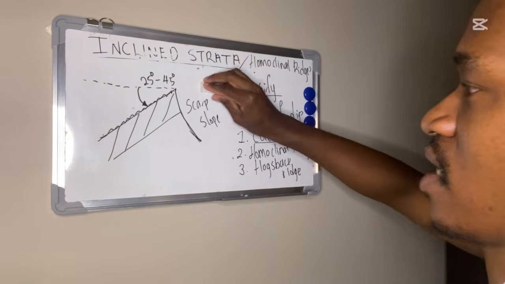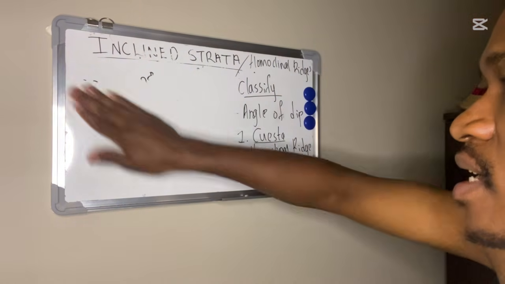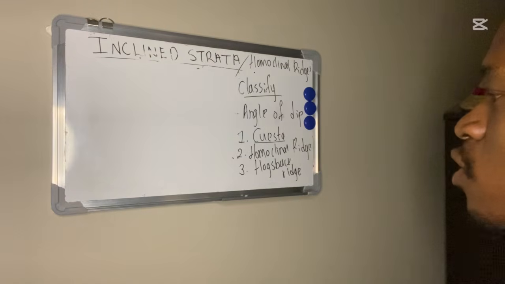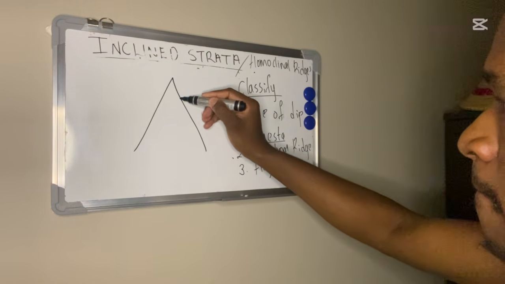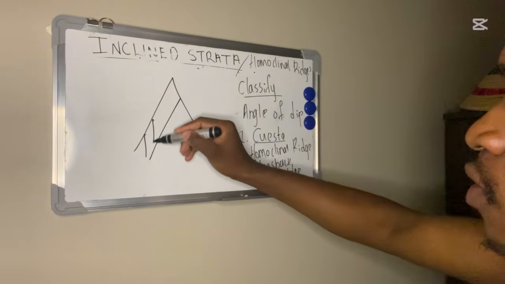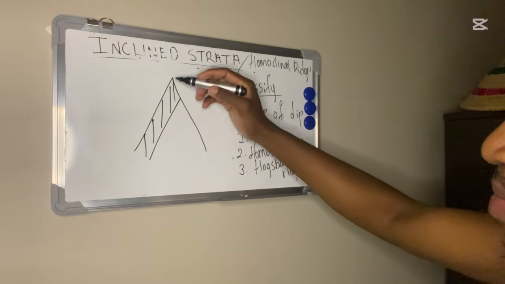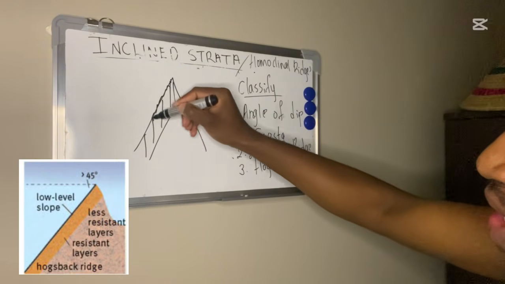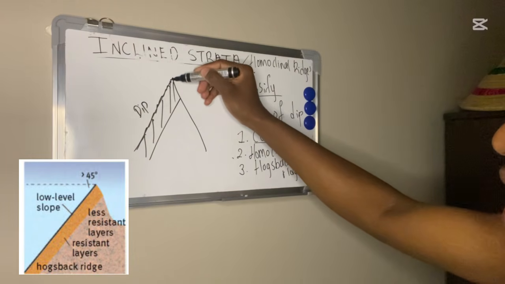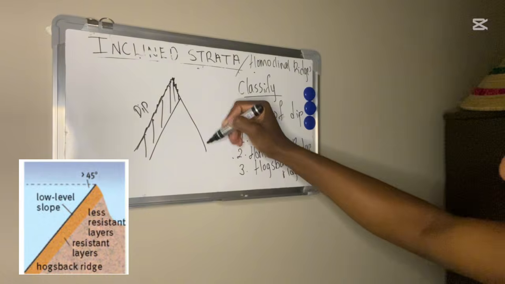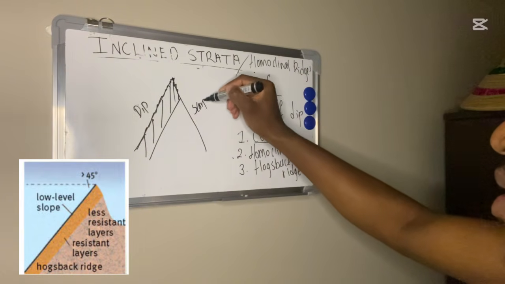Now let's go to the last one and look at the angle there. Let's go to our Hogbacks ridge. Remember, I told you above the hard rock is where I have my dip slope, and then this side where I have the edge will be my scarp slope.